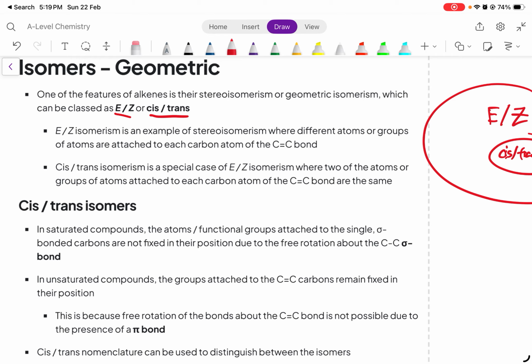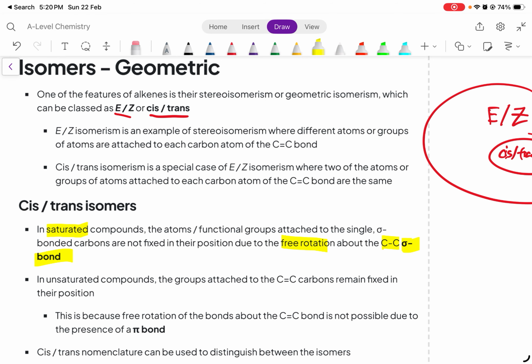Okay, but in terms of cis and trans, it is basically happening in an unsaturated compound. 然后 it is able to have a restricted rotation due to our C and C bonding, a pi bond, a sigma bond, not pi bond.